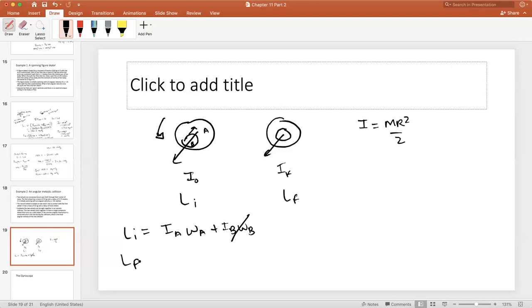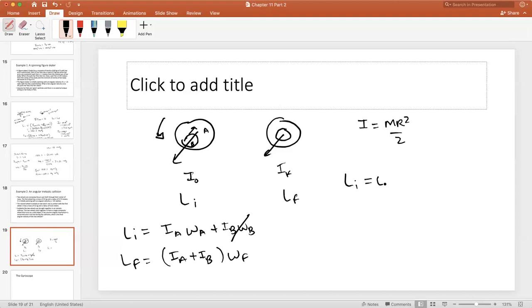And L final will be I_A plus I_B. Remember that when we have a composite system, its moment of inertia is the moment of inertia of the individual parts of the system times omega final. And we want to know what omega final here is.